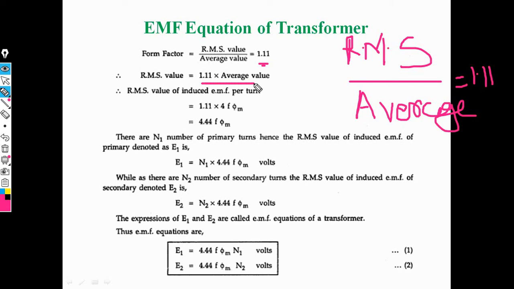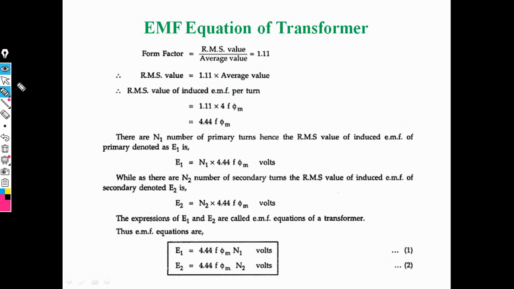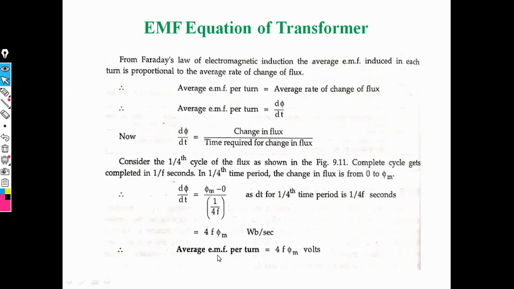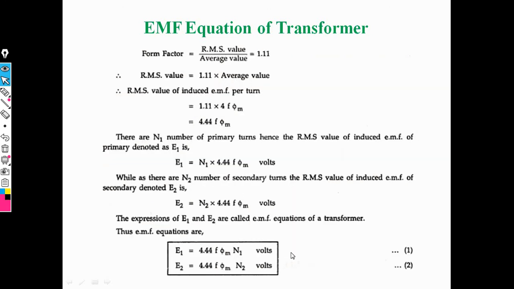Okay, now here we have calculated the average EMF. What is the formula for average EMF? In the previous slide we calculated that the average value of EMF is 4f phi m. Then this average value, AV, is put as 4f phi m.